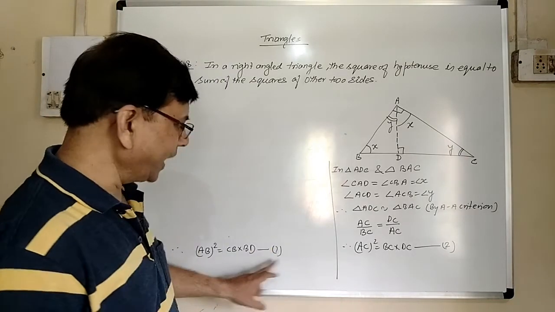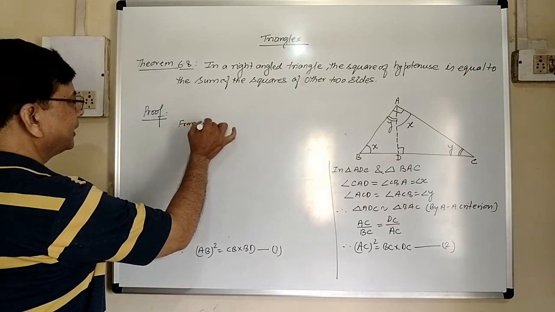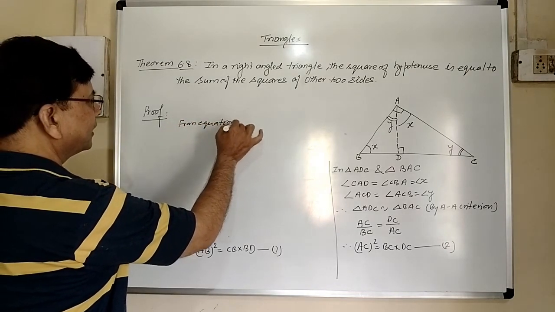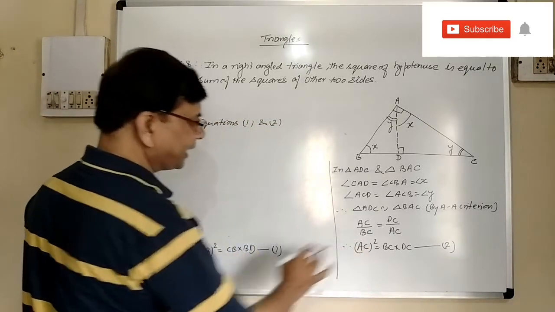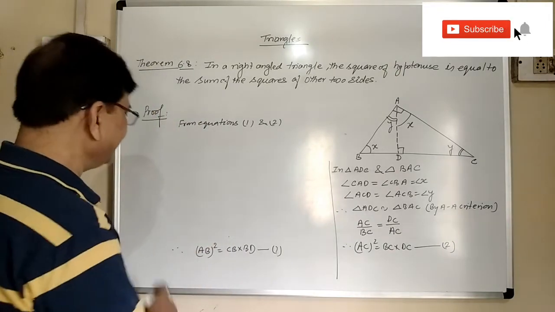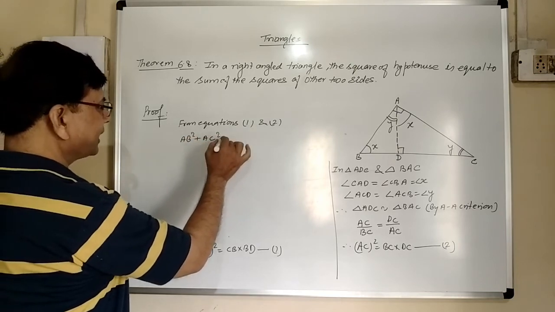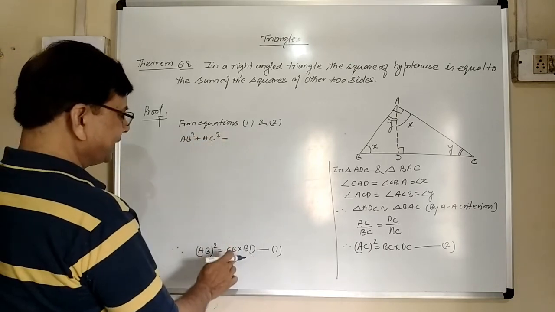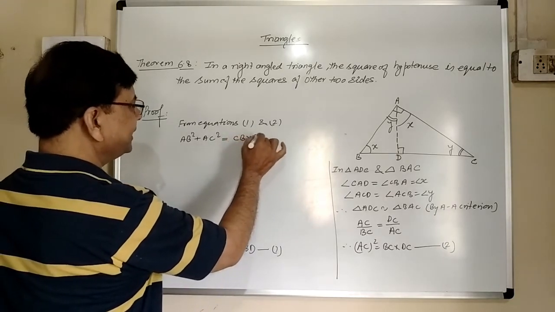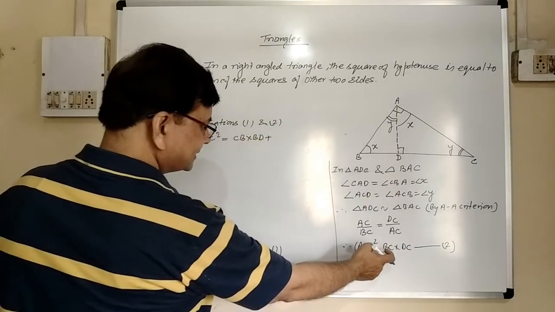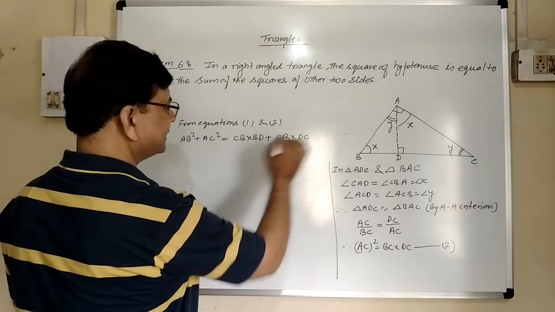Now, from equations 1 and 2, AB square and AC square, we will add these two. So AB square plus AC square is equal to CB into BD plus CB into DC.